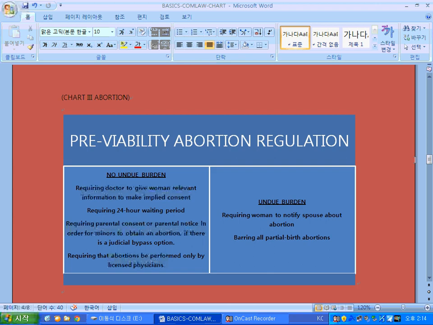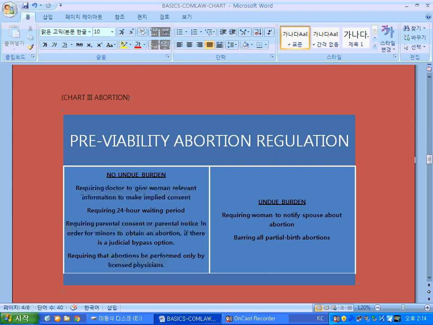P claims a constitutional right to terminate a pregnancy based on the 14th Amendment concept of personal liberty, the Bill of Rights penumbras, and the 9th Amendment. D claimed the state interest in regulating medical procedures to ensure patient safety and in protecting prenatal life.